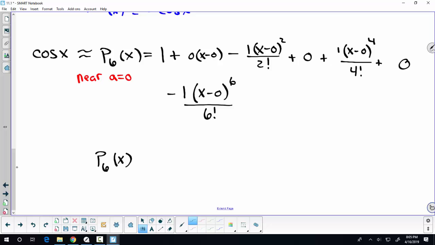If you just want to write it out cleanly instead of fitting it into this and then trying to simplify, I don't really care. So we have 1, minus x squared over 2 factorial, plus x to the 4 over 4 factorial, minus x to the 6 over 6 factorial.